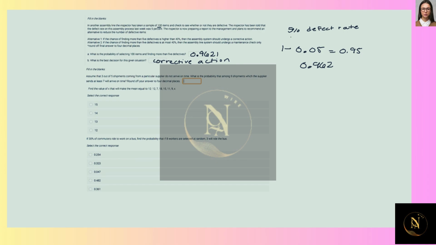Now, let's find the probability of X and Y shipments will arrive on time. So assume 3 out of 5 shipments coming from a particular supplier do not arrive on time. What is the probability that among 9 shipments which the supplier sends, at least 7 will arrive on time? So 60% do not arrive on time.